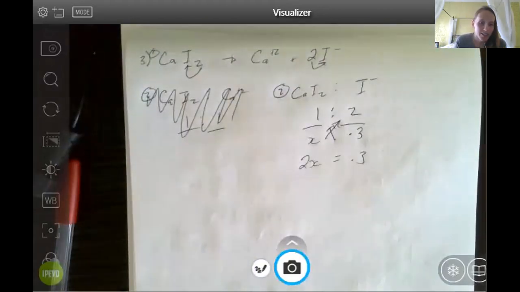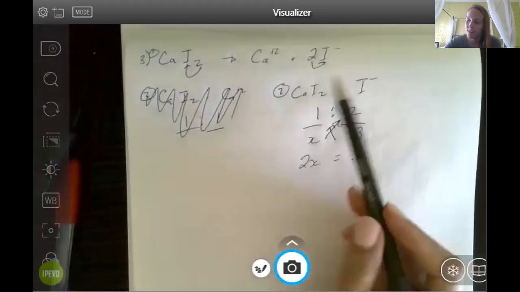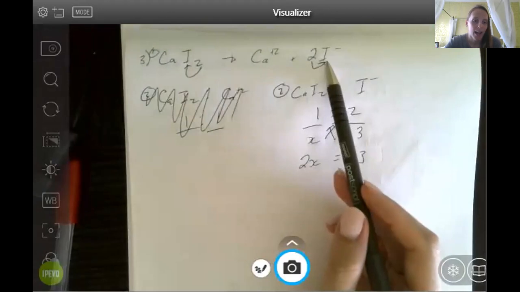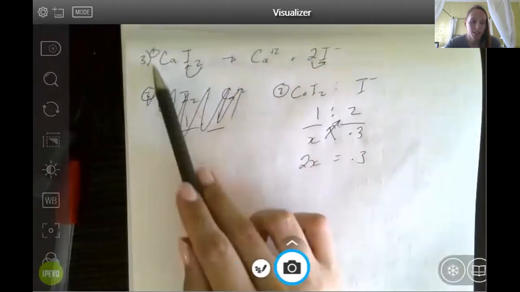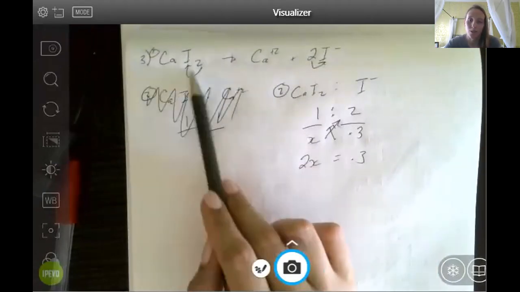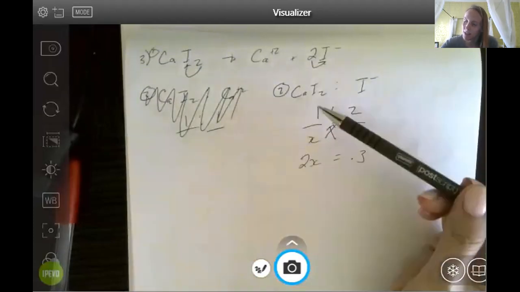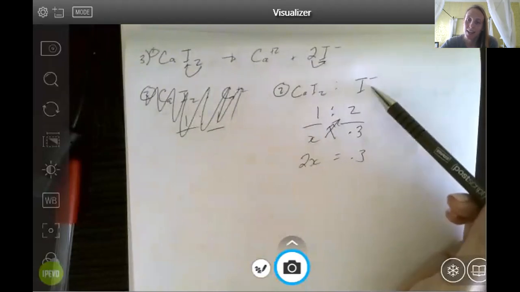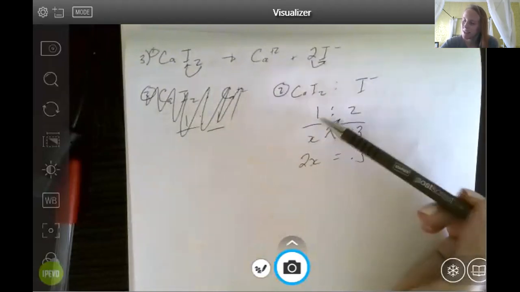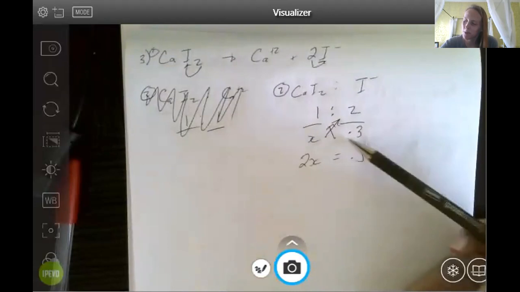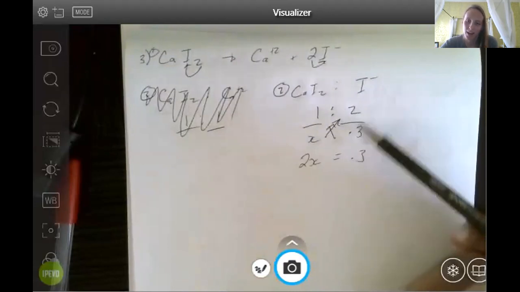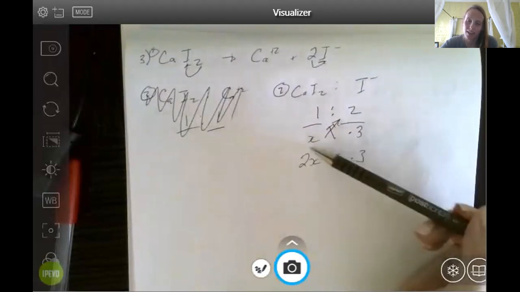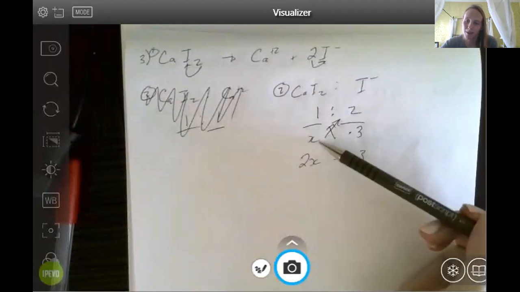This question is a little different because it actually gives us the concentration of one of our ions, the iodide ion, and asks for the concentration of the calcium iodide solution. So this time I'm going to set up my ratio between the calcium iodide and the iodide ion. It is a 1:2 ratio. This time I plug in the concentration for the ion and an X for the concentration of the calcium iodide.